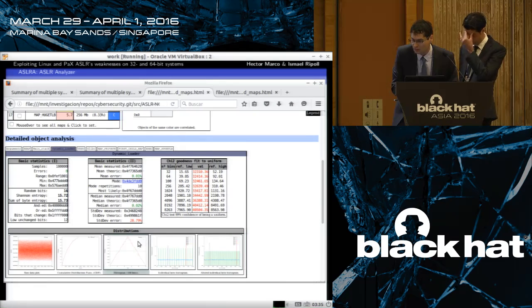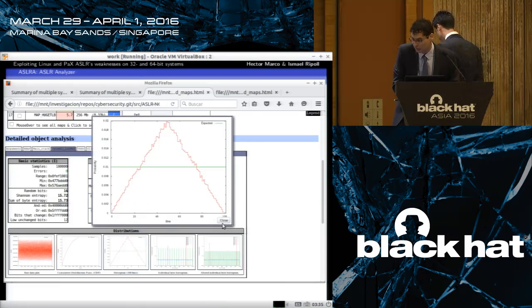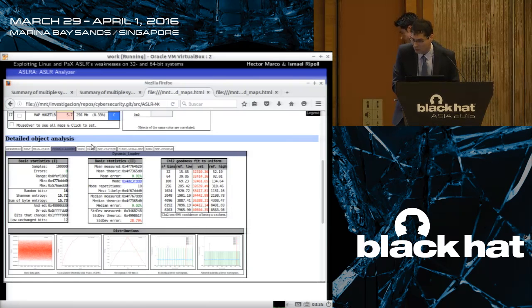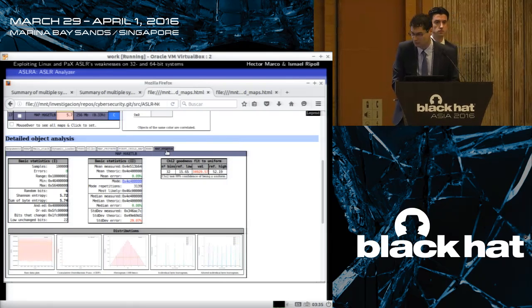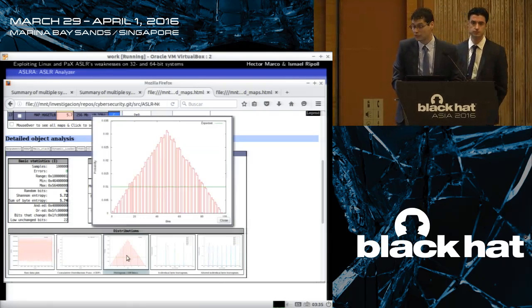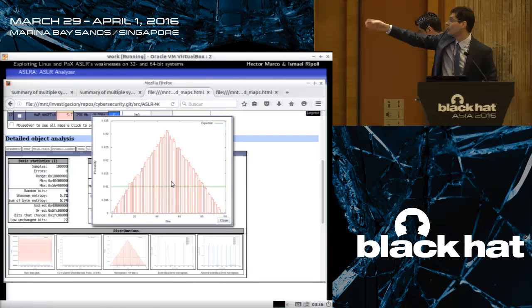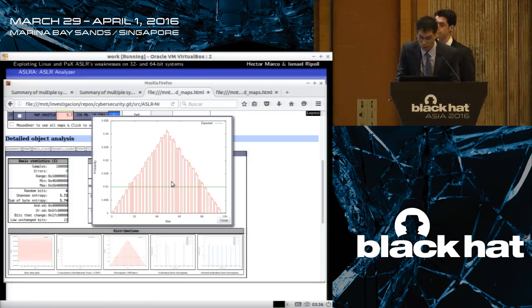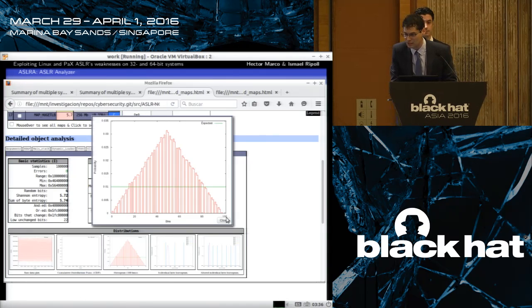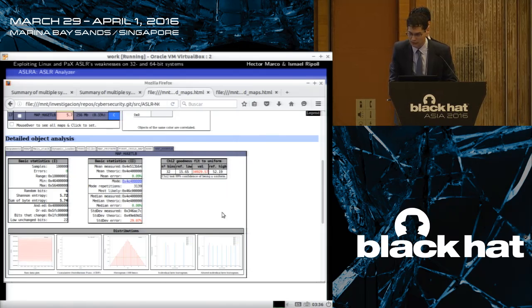Here we can see the triangular shape that I showed you before is real data collected. This is, for example, heap pages. It's interesting because for heap pages the entropy is so low, with so few random bits, that there are even gaps. There are some addresses that never happen. So we can see it.